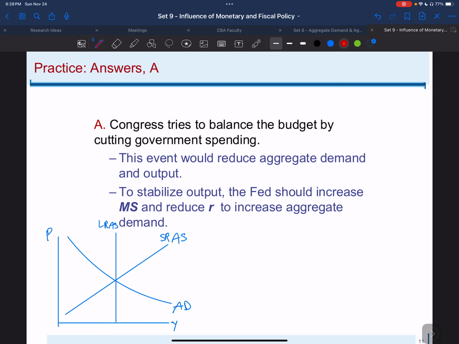shift the aggregate demand to the left. Okay, let's use AD2, all the points on AD1 will shift to the left, and we will be at this new equilibrium point, moving from this long run equilibrium point to this stable short run equilibrium point.